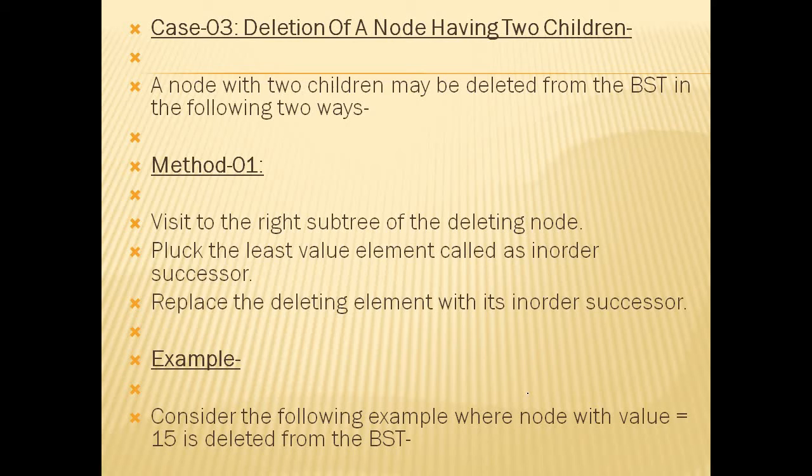So we need to find the least value available there, and that will replace the deleting node. Let's go with one example, then you will be able to understand clearly.